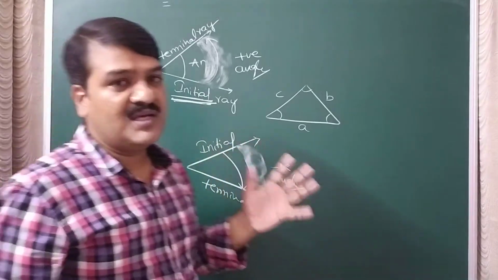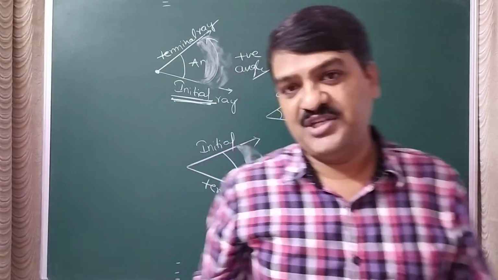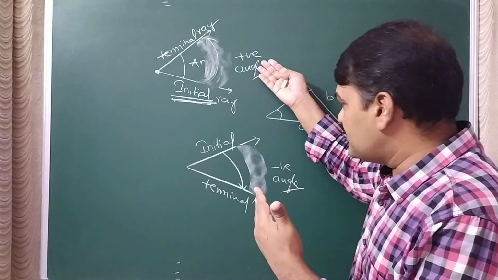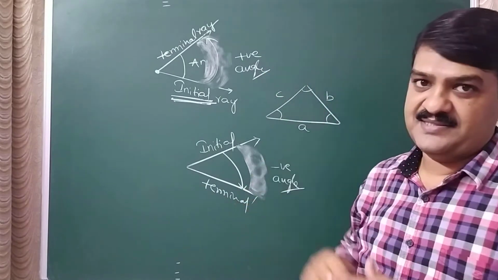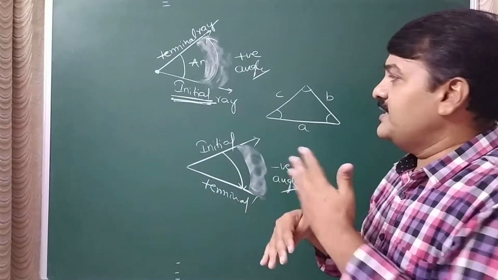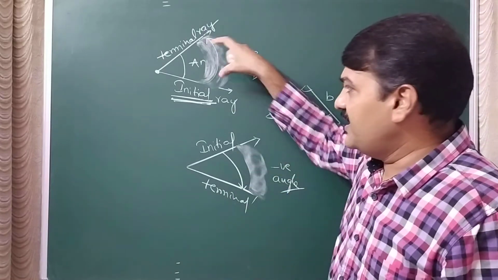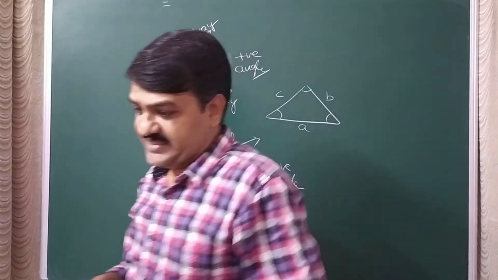So depending on the direction of rotation, you will get positive or negative angles. Basically, an angle is nothing but the inclination between two rays.